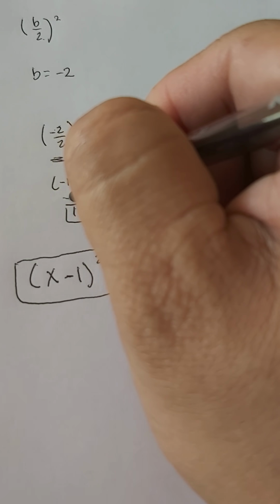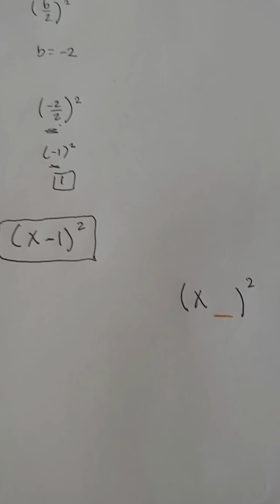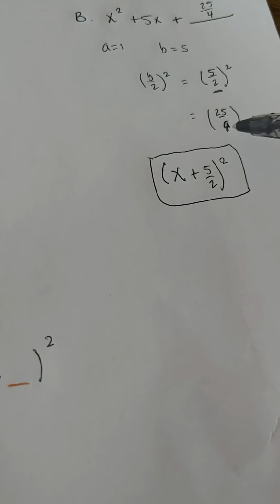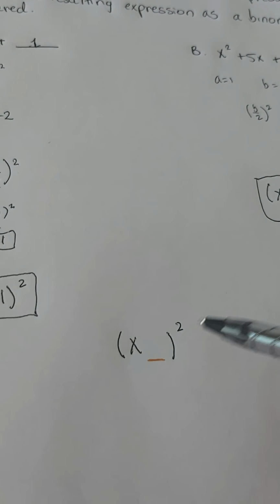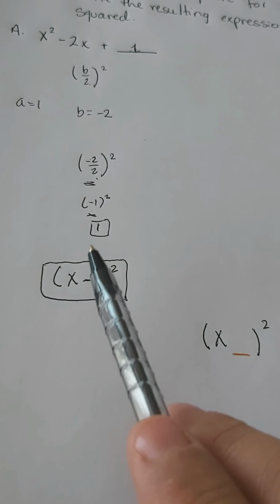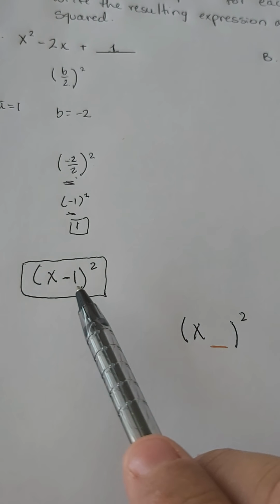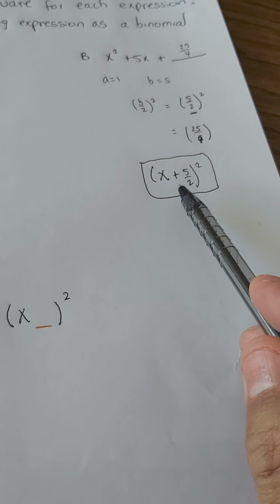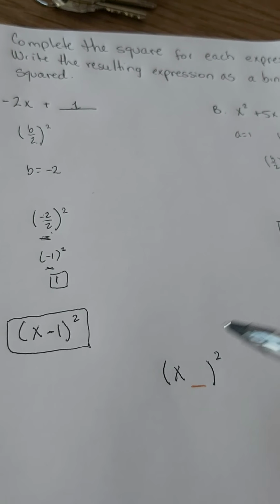In this case, -1, and in the second example, half of b was 5/2. Here it was -1, and here it was positive 5/2. Okay?